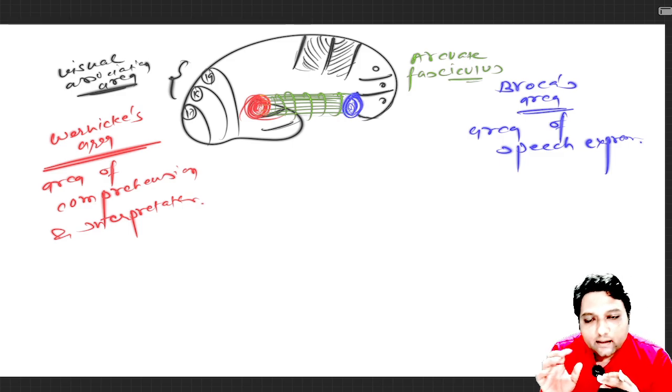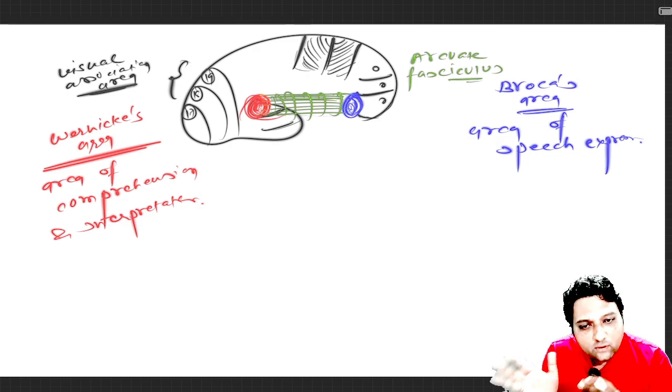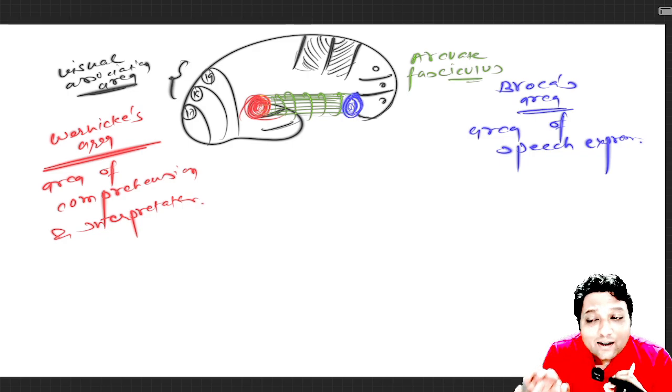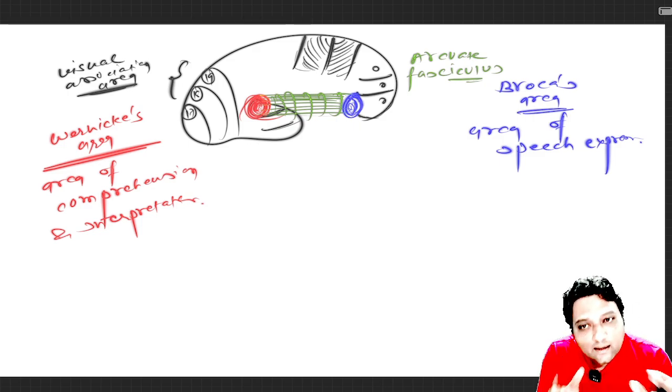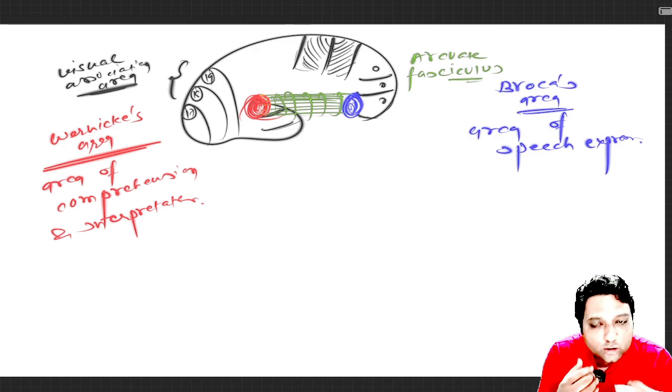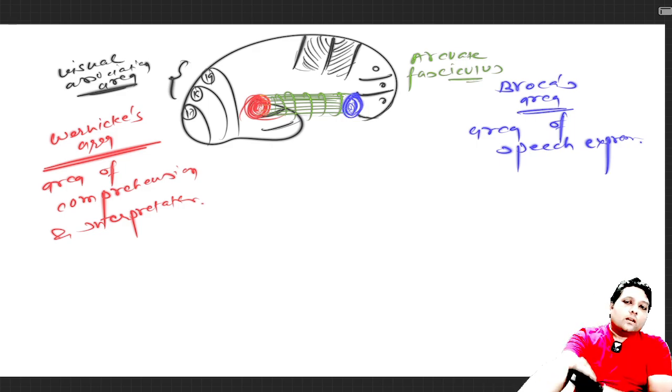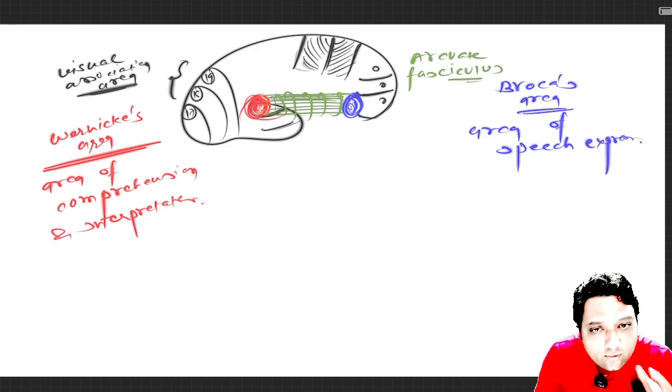Wernicke's area is the area of comprehension and interpretation. Comprehension means understanding. Basically, Wernicke's area is your verbal dictionary. Whatever you have learned from your childhood up to now, through written words or spoken words, is stored in your Wernicke's area, in which hemisphere? The dominant hemisphere. Whereas Broca's area is the area of speech expression.